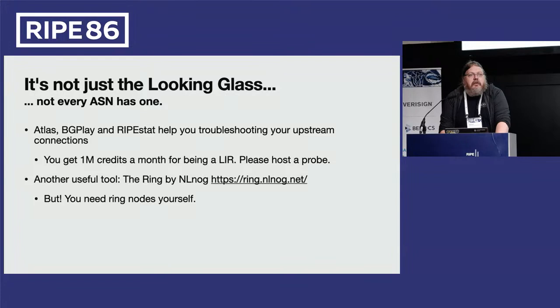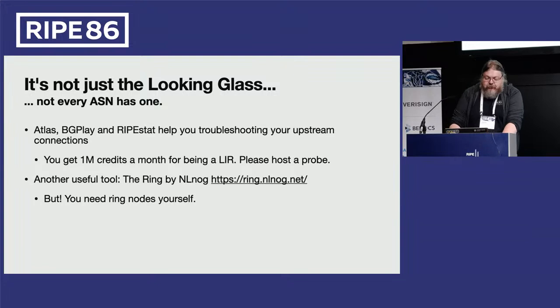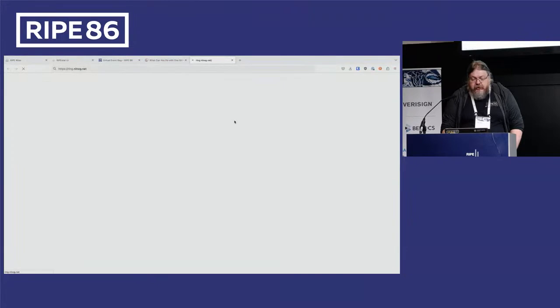So if you want to do distributed measurements or troubleshooting, or if you need an SSH connection or something like that, that's the way to go. Be part of the Ring. I think you need to host at least 2 virtual machines, but that's on the website.